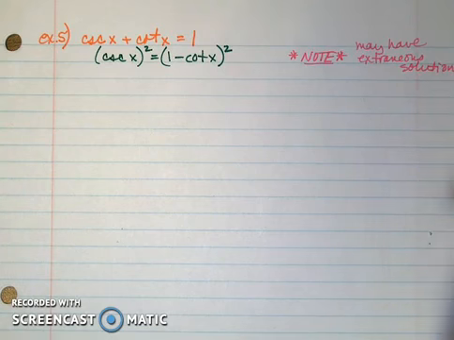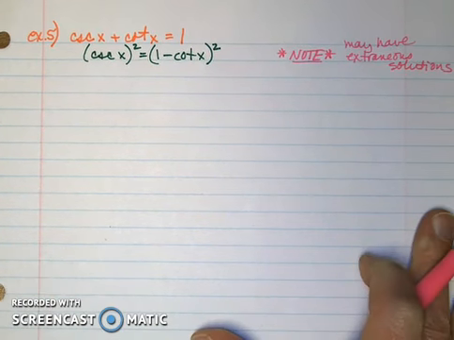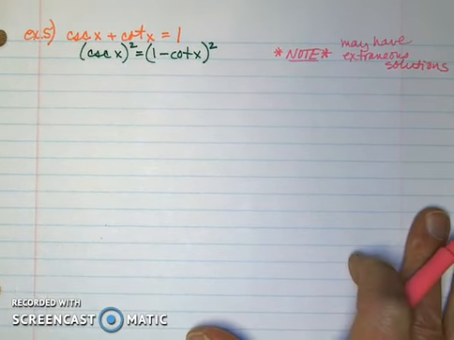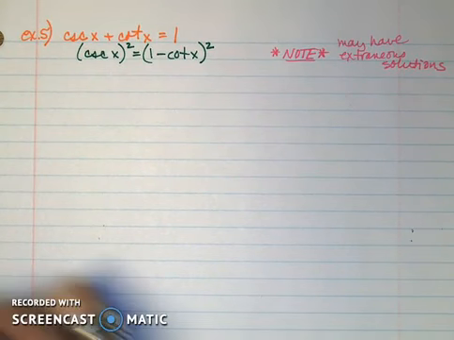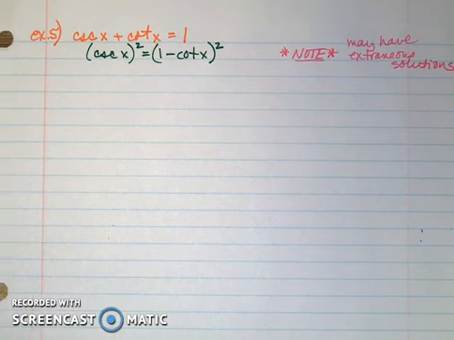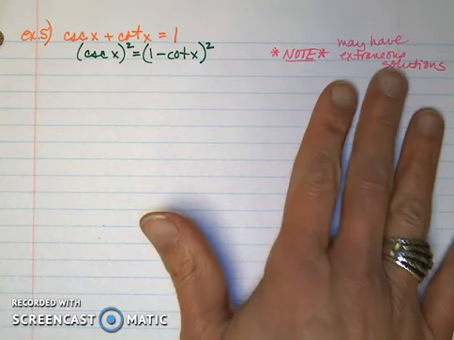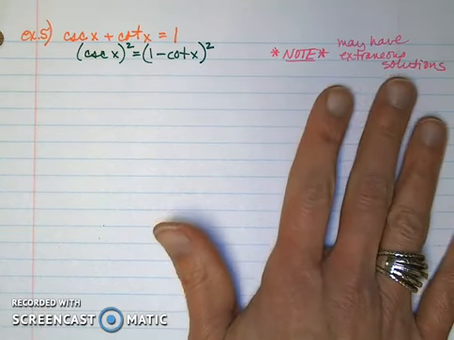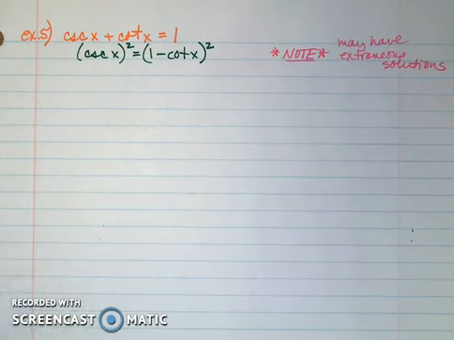And so I'm going to have to check that at the end because I squared something up here at the beginning, and one or more of them may not work. So I just need to make a mental note or a physical note that I need to check that. All right, let's continue with our problem.